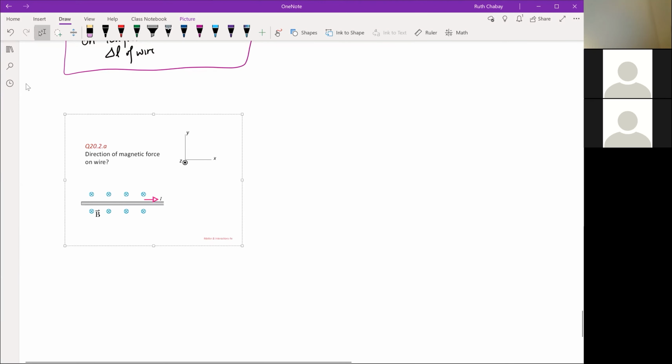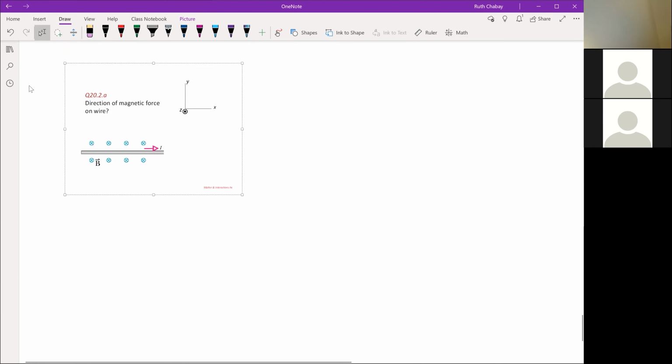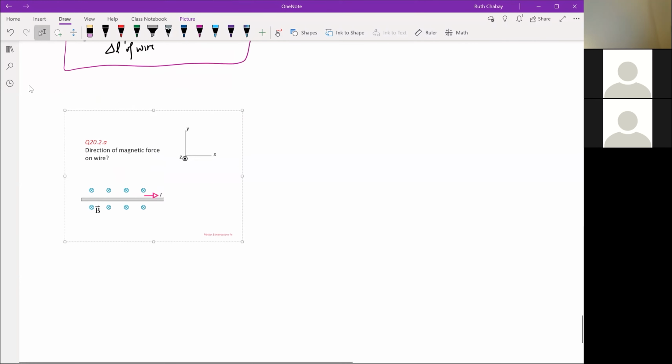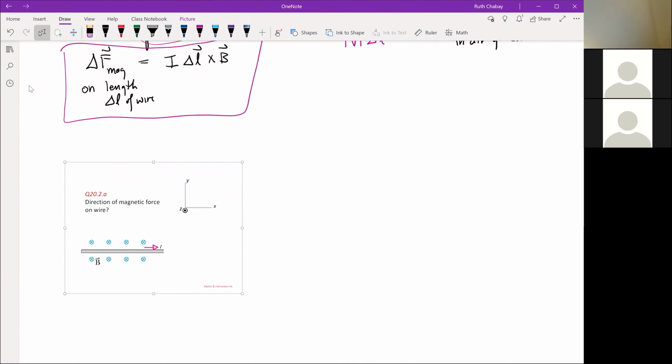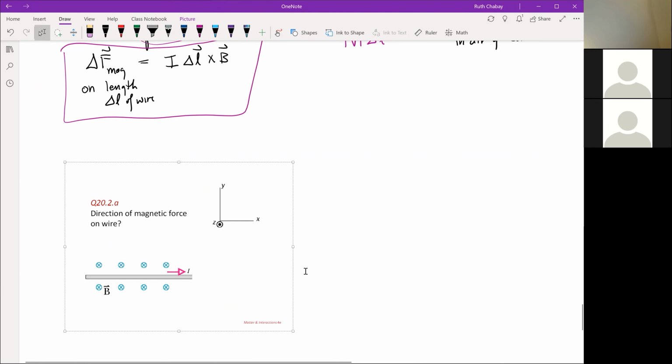So if we have a wire here with conventional current in the direction of the red arrow, and there's a magnetic field in this region that's in the minus Z direction, so it's into the page here. What's the direction of the force on the wire going to be? Think about that for a second.